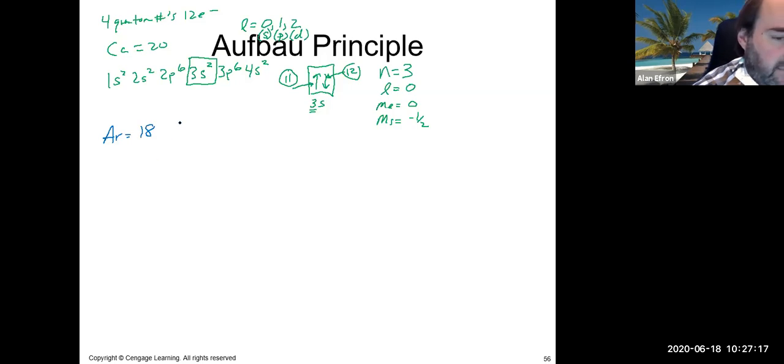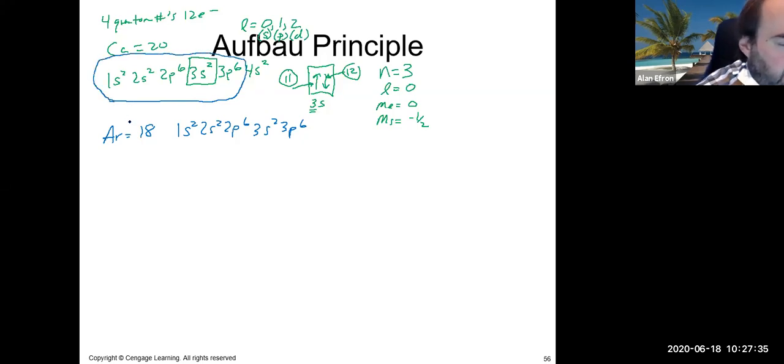If we write argon's configuration, that is 1s2, 2s2, 2p6, 3s2, 3p6. And if we go back to calcium and we put a box around that part of it, this part of calcium's electron configuration is the same as argon's.